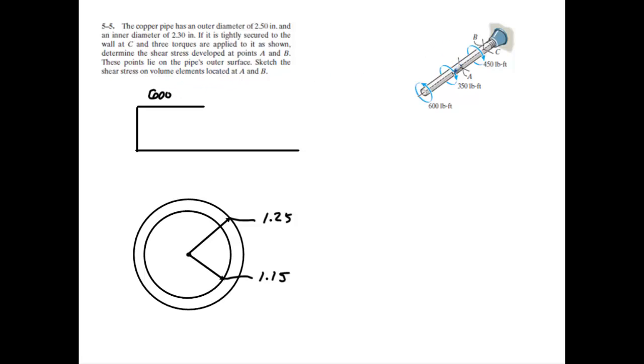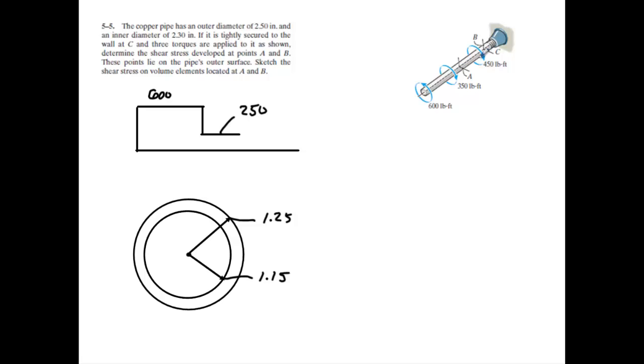Once you get to this point here, you go 350 back the other way, so you subtract 350 from 600. Let me get that straighter. 600 minus 350 gives me 250, and you'll have 250 all the way to here.